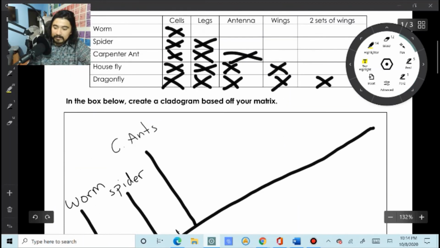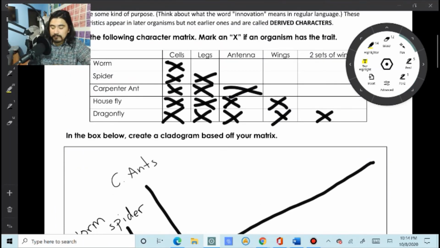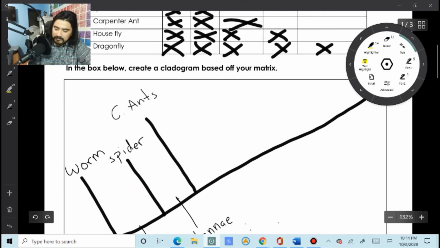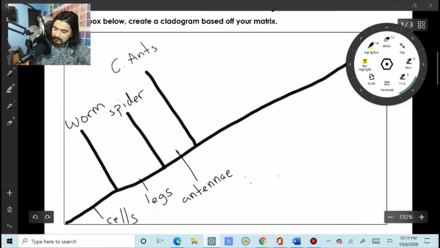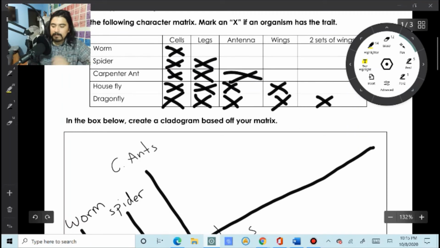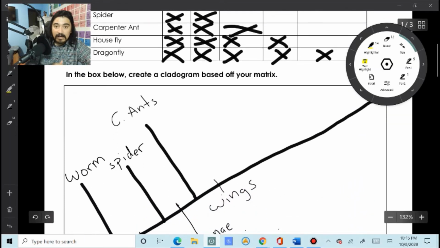All right, so what is our next trait? Wings. Did carpenter ants have wings? No, carpenter ants did not have wings. So we know that trait developed after ants. So let's put that trait after our ants. And who was the first organism that had wings? Houseflies. So we're going to put houseflies right after wings.